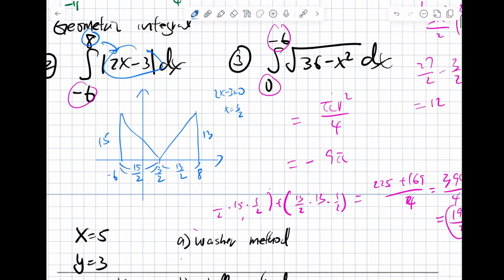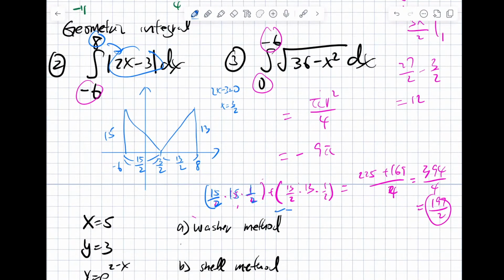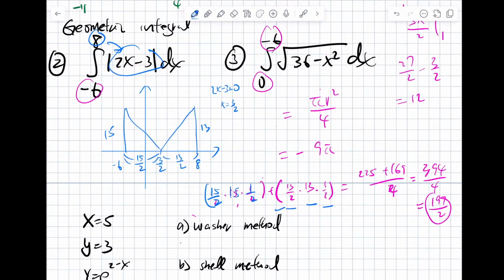So all you have to do is 15 over 2 times 15 times 1/2, and then 13 over 2 times 13 times 1/2, and add them together. That is 394 over 4, and 197 over 2. I just need to figure out the height and the base of the triangle, then I'm good.